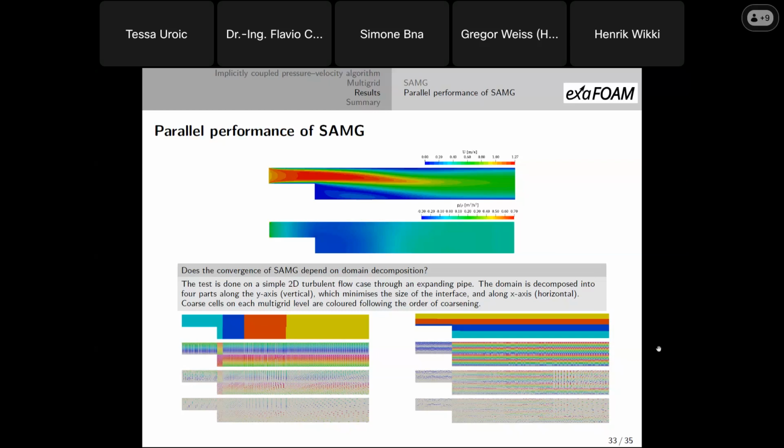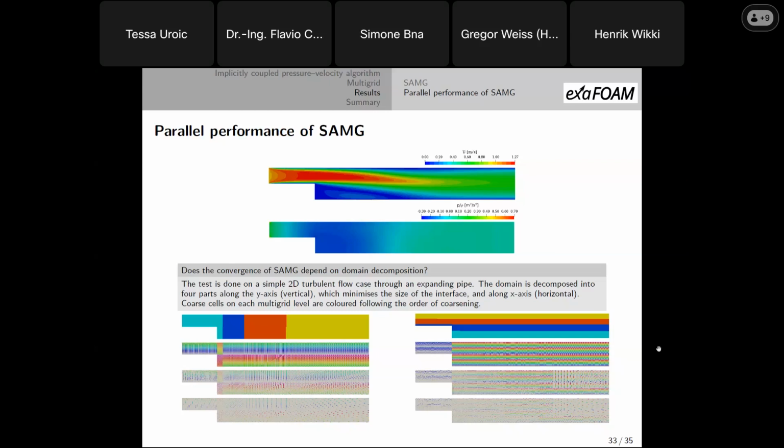Because in very large cases on thousands and thousands of cores, you cannot control how the processor boundaries are positioned and whether you are losing some valuable information for the selection AMG algorithm.